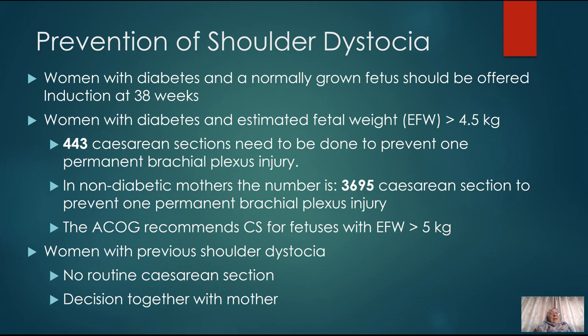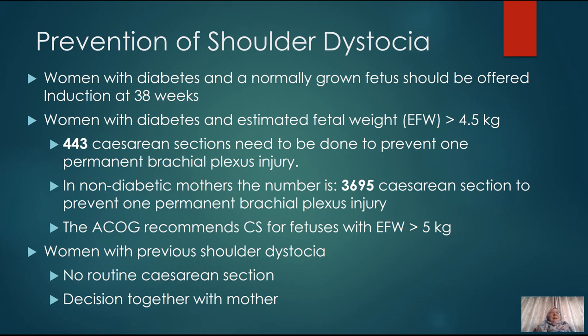There's one strategy regarding women with diabetes: those women, especially those with type 1 diabetes, but also possibly type 2 diabetes, should be offered induction a little bit earlier than 40 weeks, so that there's not a chance for this baby to accumulate more fat than necessary.